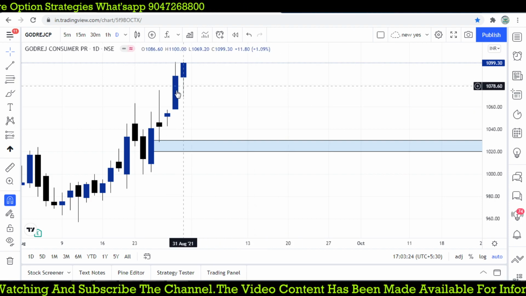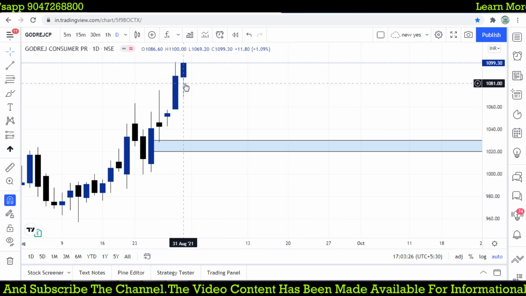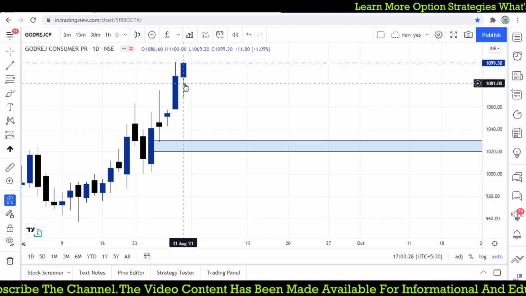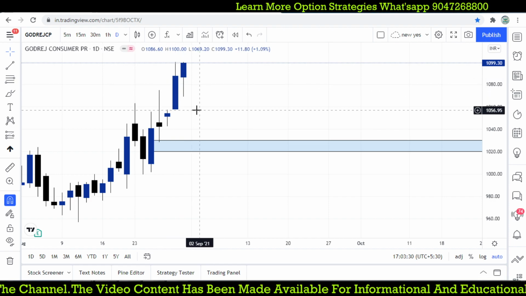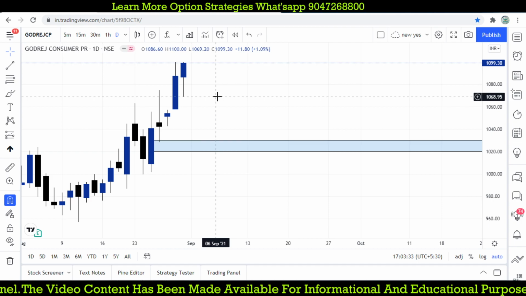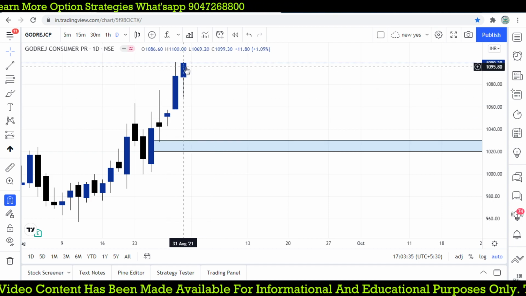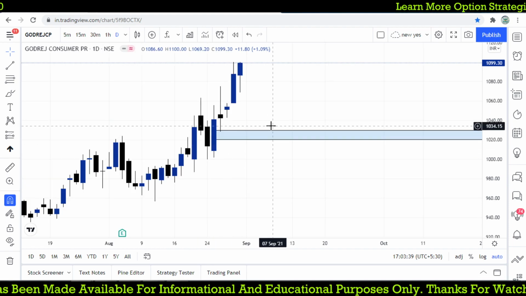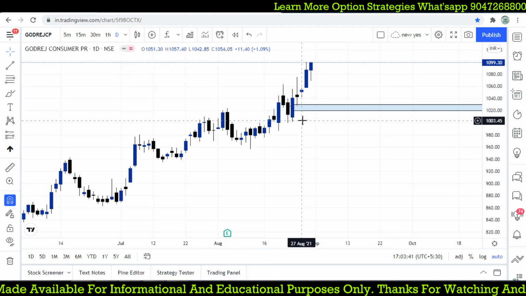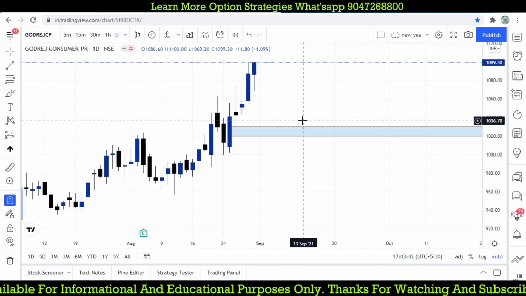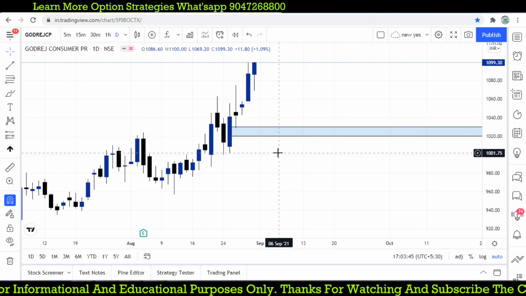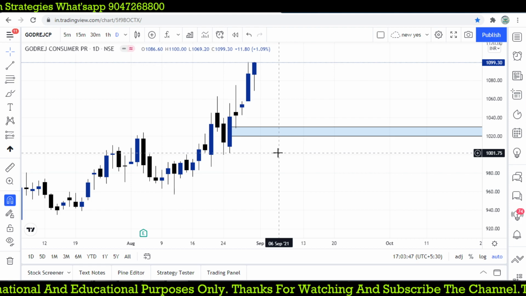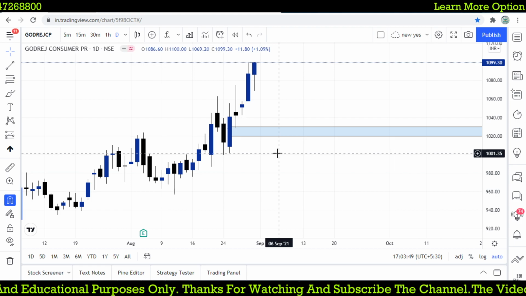There is a double top or a matching high which forms at the highest. When it breaks below that level, or at this level, we will go for that. Today it closed very strongly, but we will check what will happen. Another important thing is to wait for that. Whenever we get such a trade opportunity, we will go for it. So we are tracking the stock, and when we get the opportunity, we are going to play with that.